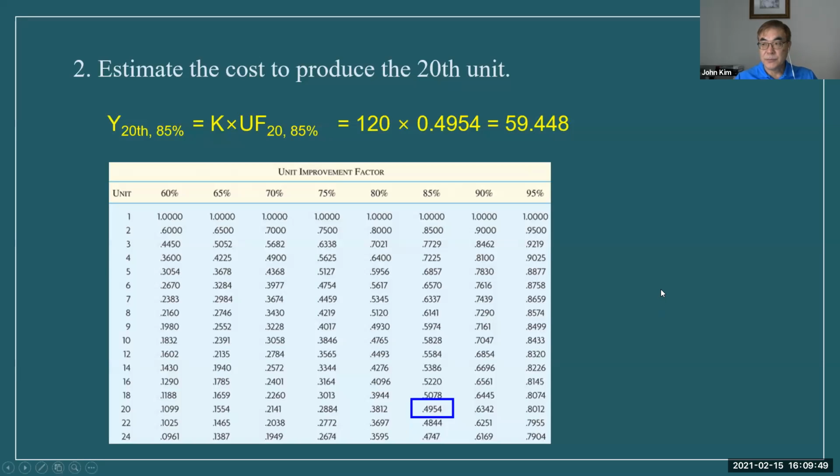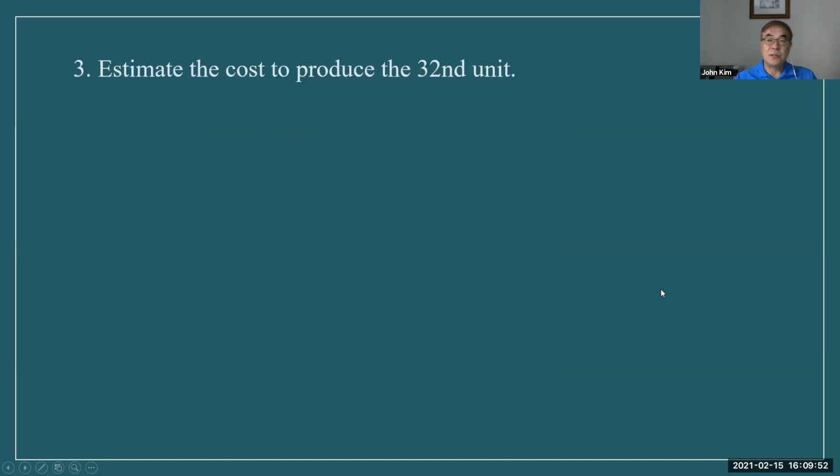Okay, next. Estimate the cost to produce the 32nd unit. Again, a single unit. We can write a formula like this: Y32 at 85% equals initial cost K times unit factor 32 at 85%.